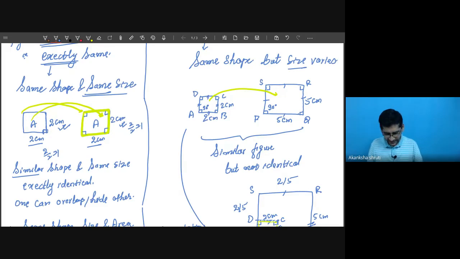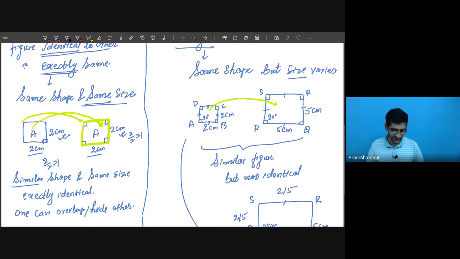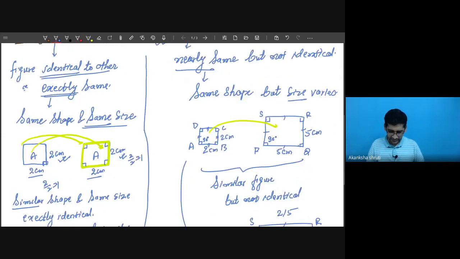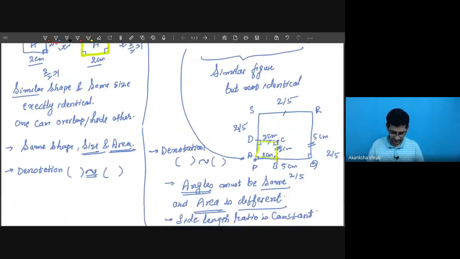So that relation or the ratio is always 1. That is making the difference. So if the ratio of the factor for similarity is coming as 1, it becomes congruent. Means we can say all the congruent figures must be similar, but all the similar figures need not be congruent.